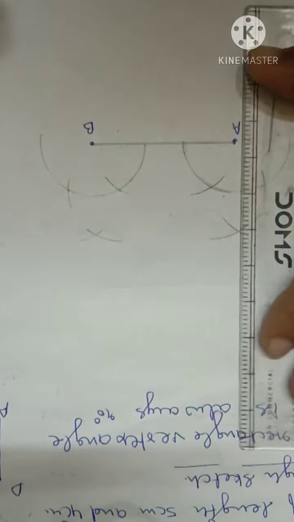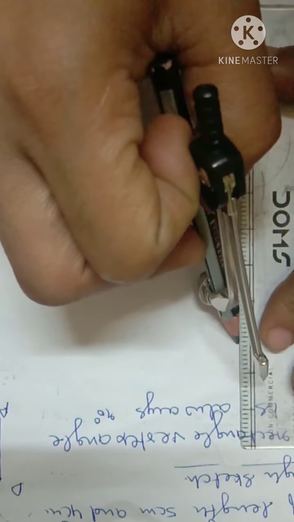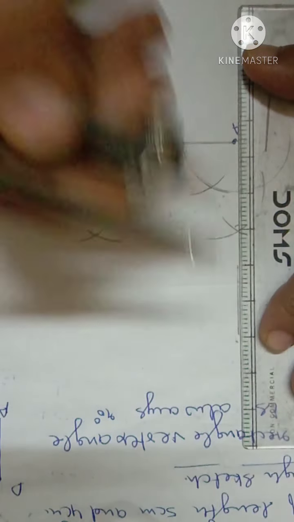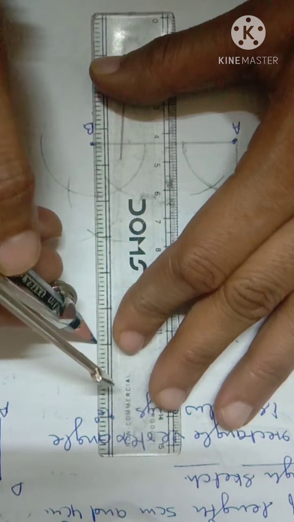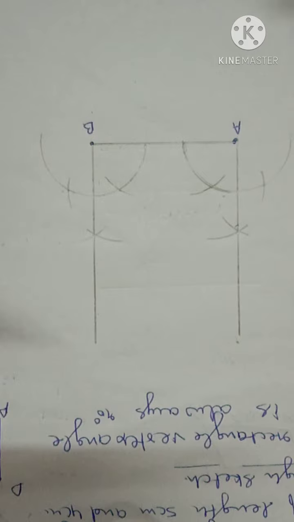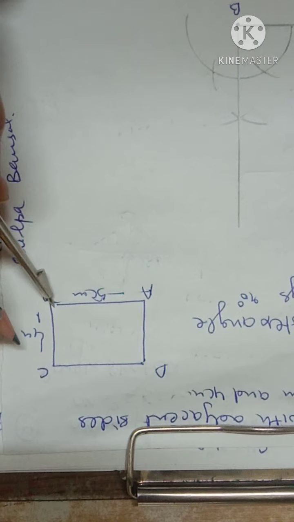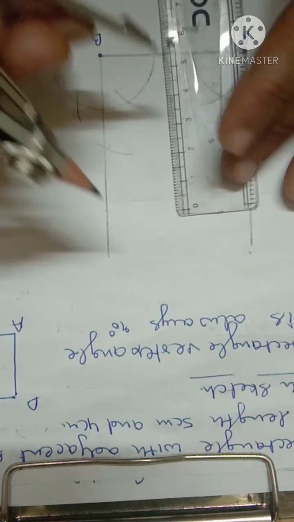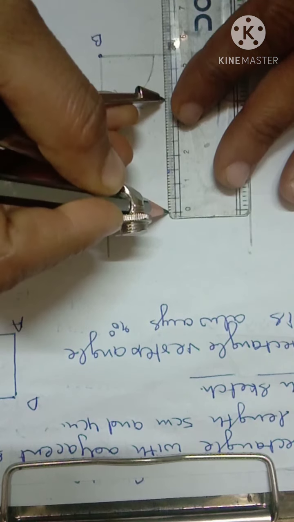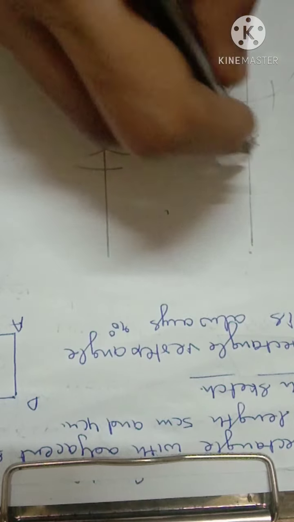Then I got the perpendiculars. Clear? Now the next side is given as 4 centimeter, here 4 centimeter. Then I am going to open the compass to 4 centimeter and make an arc here.